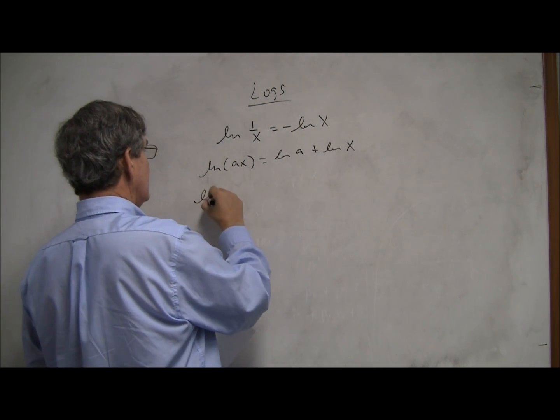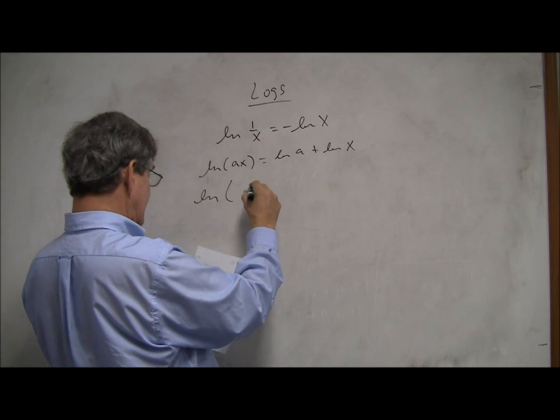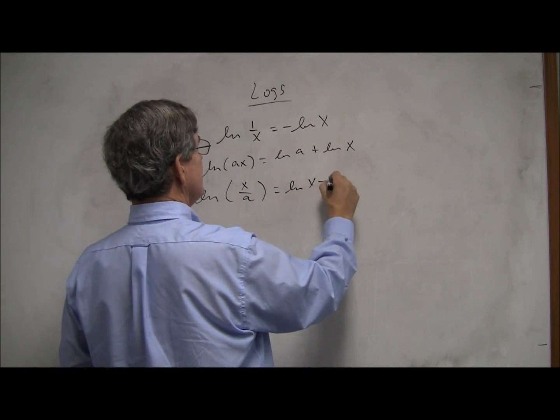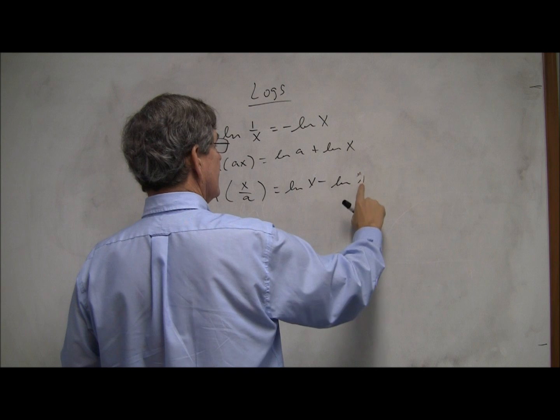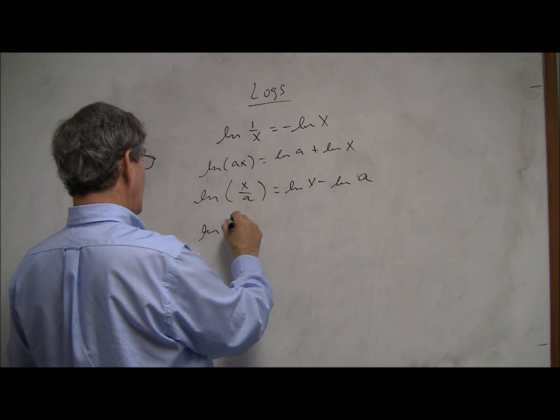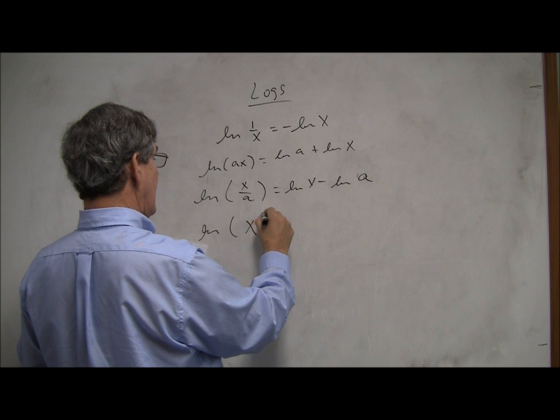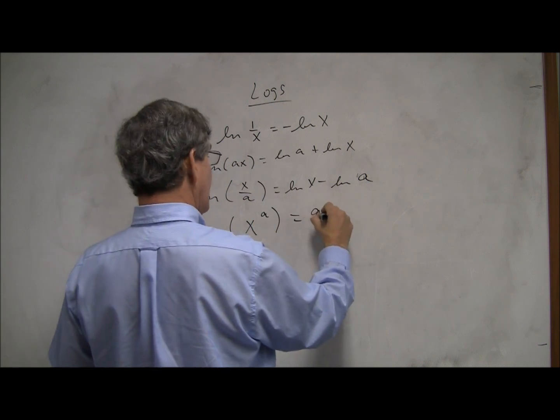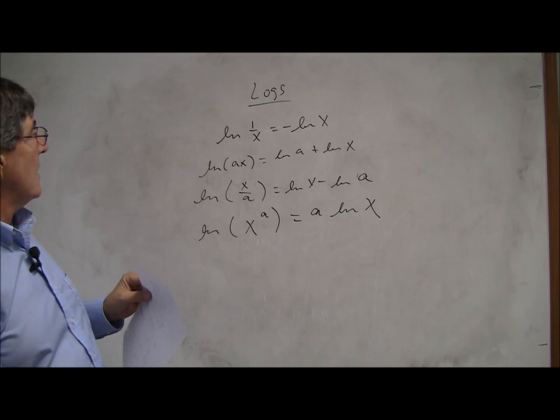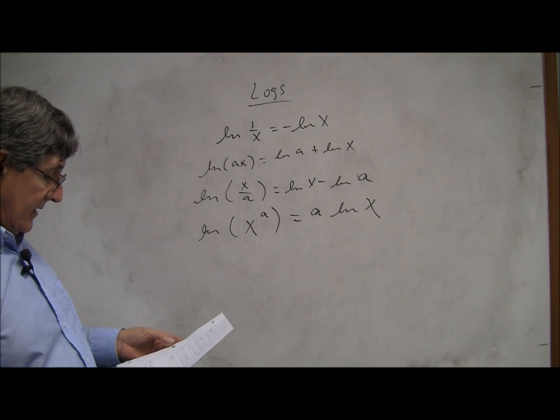The log of x over a is log x minus log a. And the log of x to the a power is a log x. And so those are useful things.